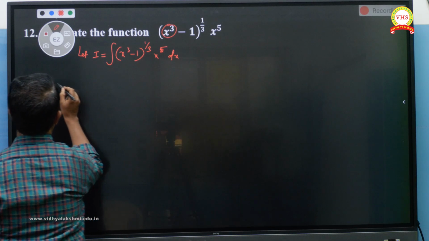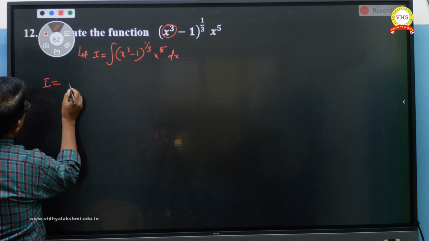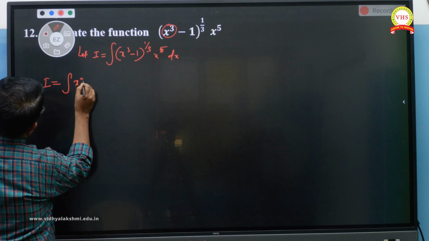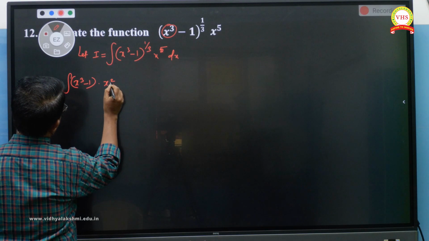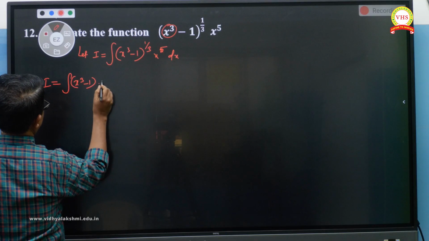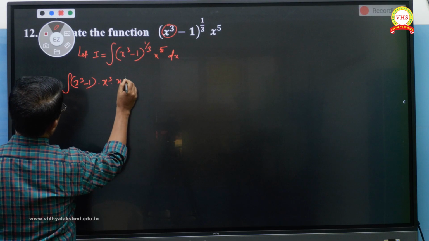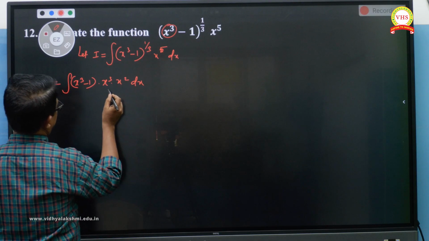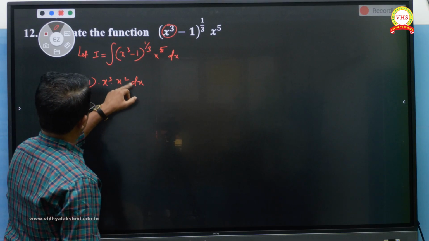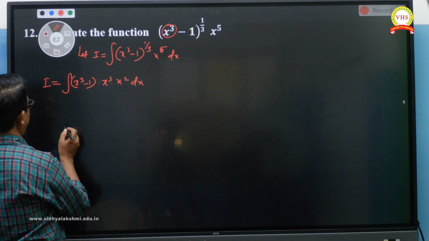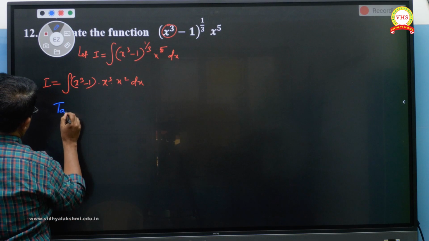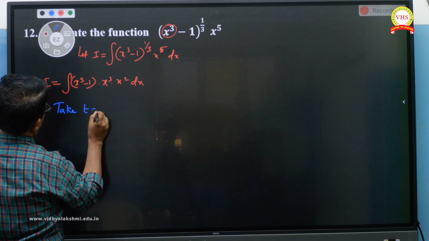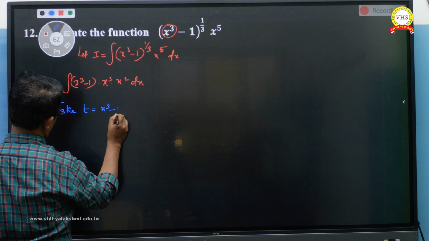I am going to write an adjustment step here. I equals the integral of x cube minus 1 into x square in x cube into x square dx. I separated x power 5 as x cube into x square. Now for what is in the bracket, I am going to assign an alternate variable. Take t equal to x cube minus 1.